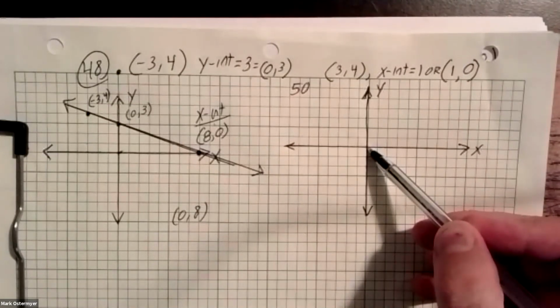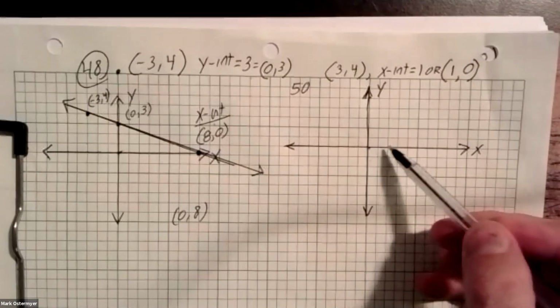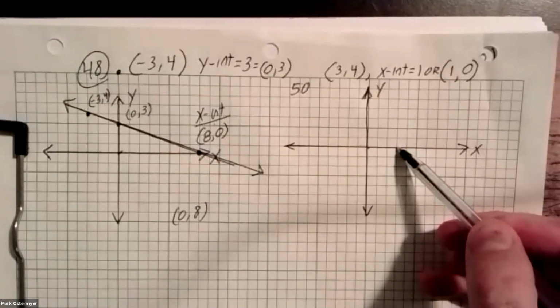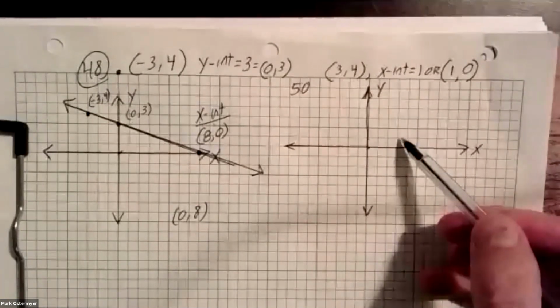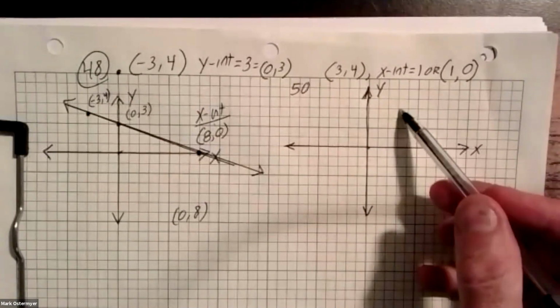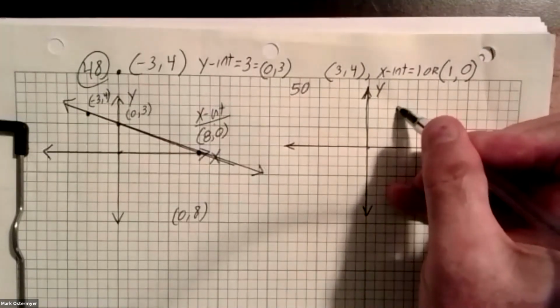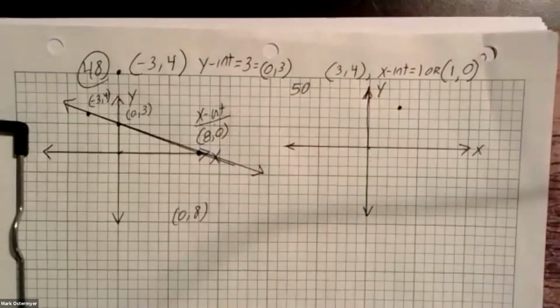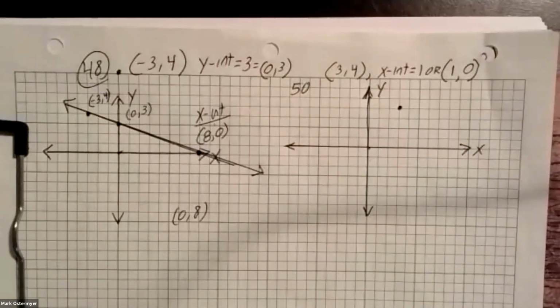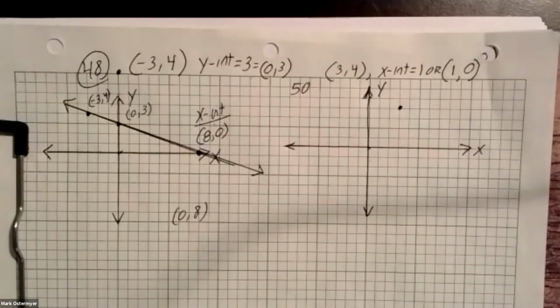Move over 3 to the right: 1, 2, 3 to the right, and then what? Up 4: 1, 2, 3, 4. You are correct. All right. And so, ladies and gentlemen, there would be the point 3, 4.